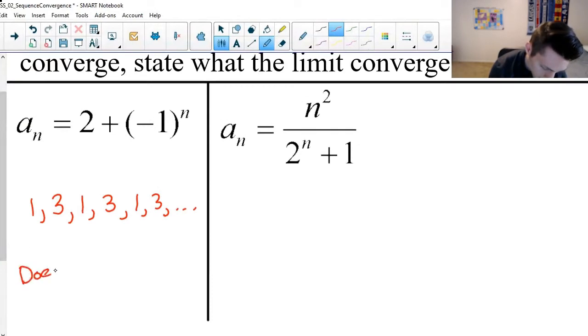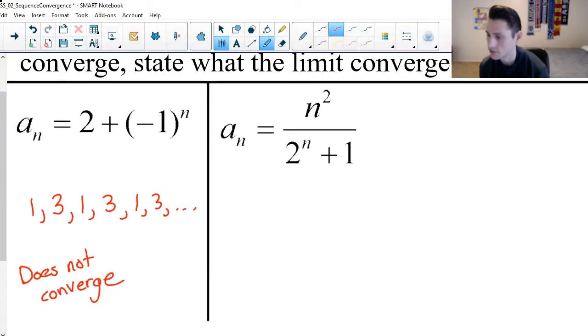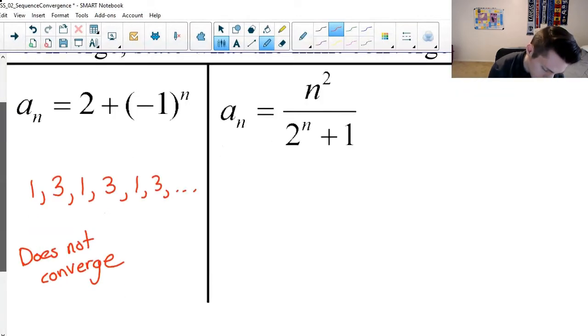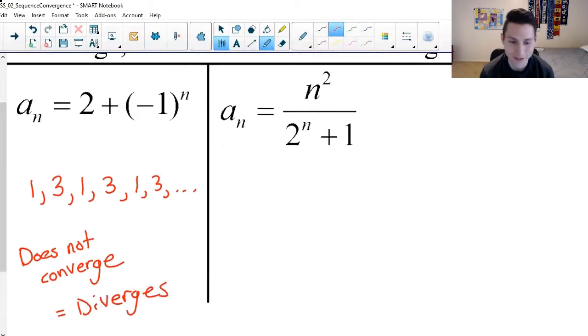So I can just go ahead and say here, does not converge. I don't know why I wrote that all out, because you can just say diverges. Right, diverges, does not converge, same thing.